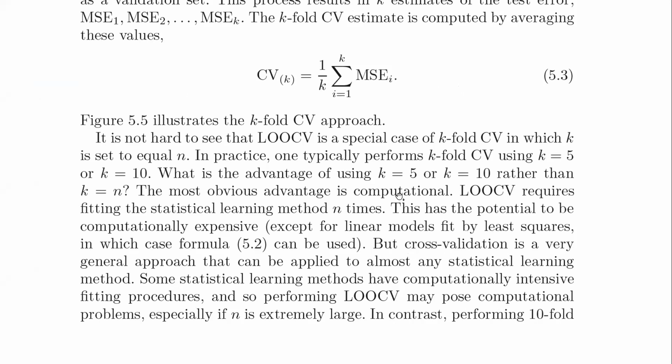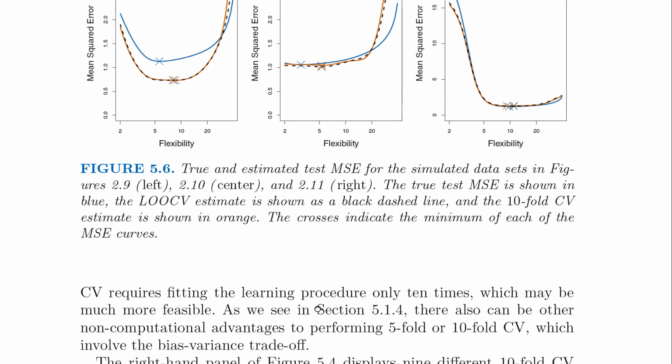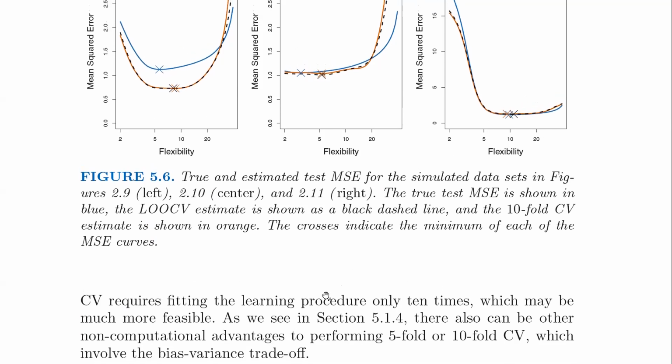On the other hand, performing 10-fold CV requires fitting the learning procedure only 10 times, which may be much more feasible. As we see in section 5.1.4, there can also be other non-computational advantages to performing 5-fold or 10-fold CV, which involve the bias variance trade-off.